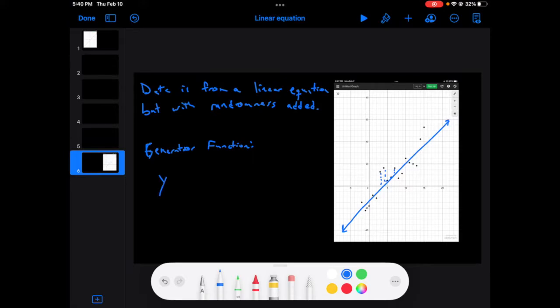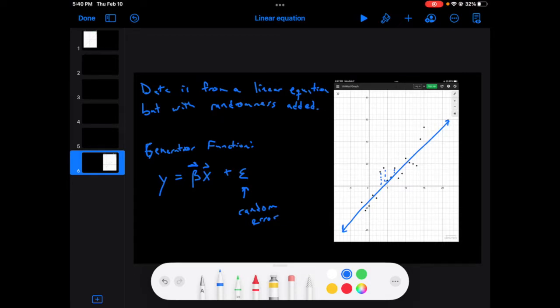It actually looks like the data comes from beta x, where these are vectors, plus epsilon, where this is some random error. You usually hear it referred to as error.